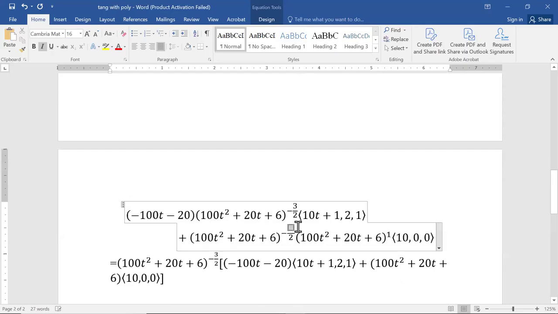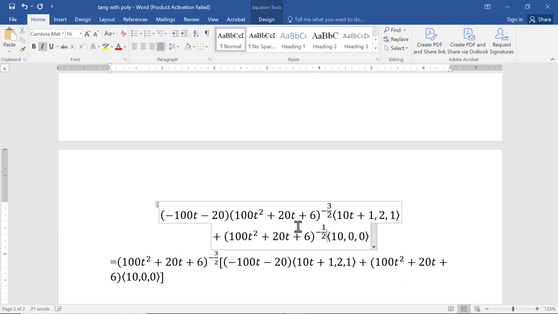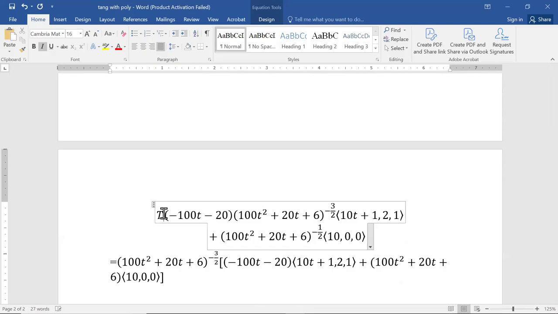Another way to approach this is to go back to the beginning here. That was, remember, our capital T prime.